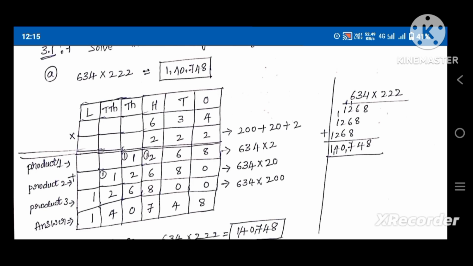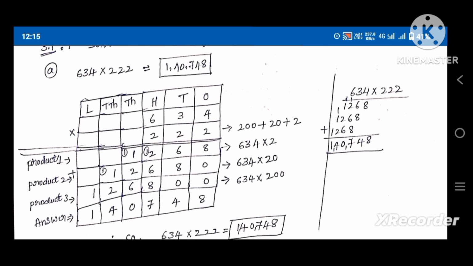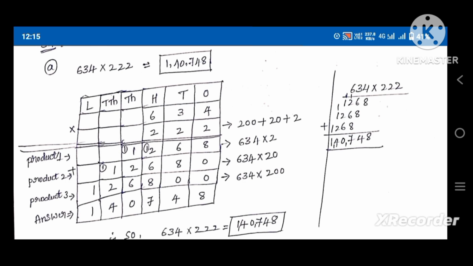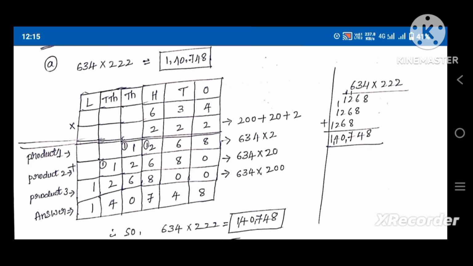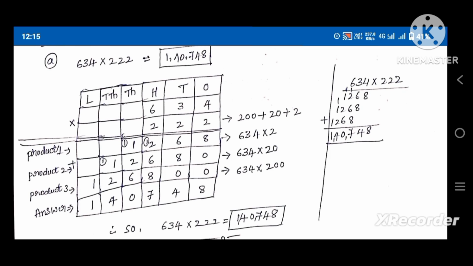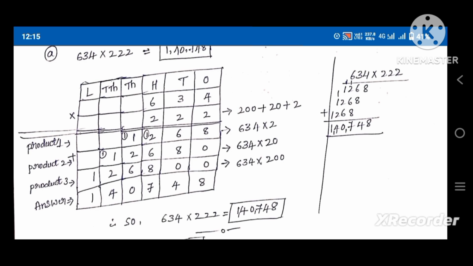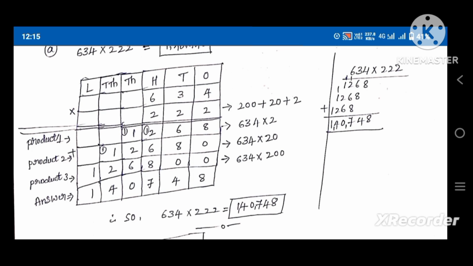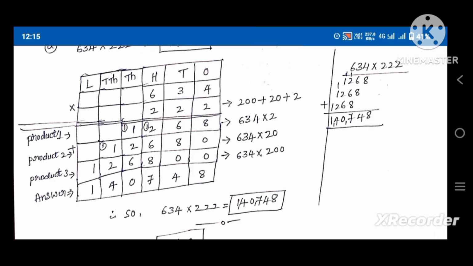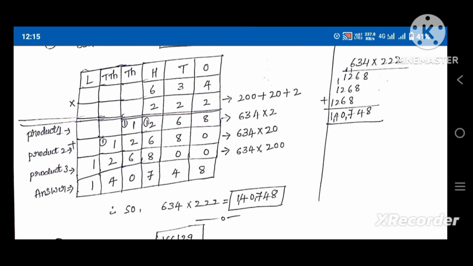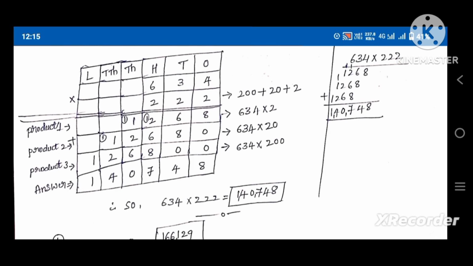634 is multiplied by 222. 222 means 200 plus 20 plus 2. Product 1 is 634 into 2 is 1268. Product 2 is 634 into 20 is 12,680.